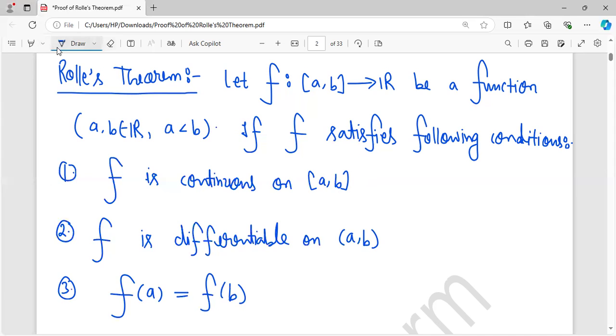And third one is f(a) is equal to f(b). The functional values of f at a and b are equal.